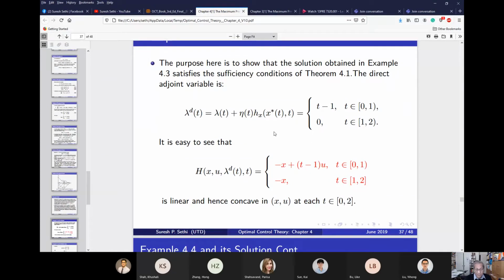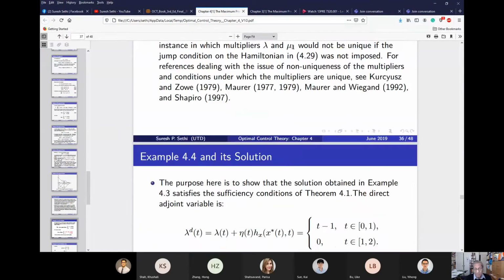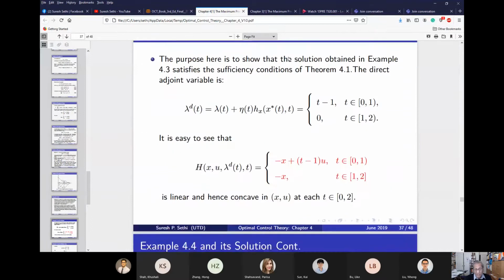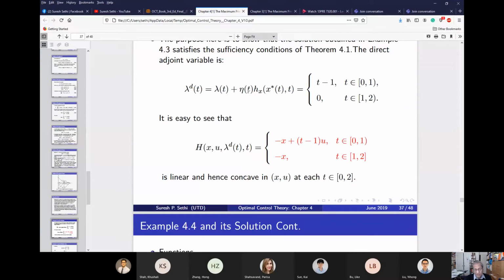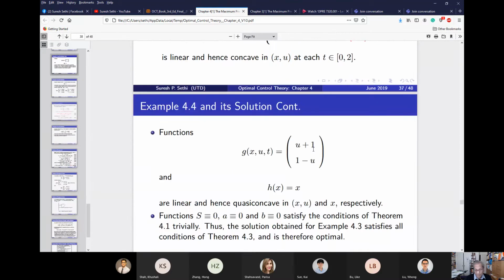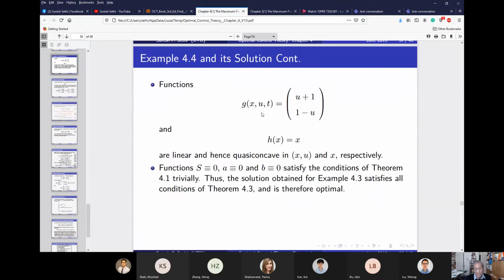Now the sufficiency condition. Well, I have lambda and eta, so I can find out lambda dot. So lambda dot by the formula that we have gives you this. It's easy to see that the Hamiltonian is given by this, and this Hamiltonian is linear in x, so certainly it's concave. Function g(x,u,t) is like this.